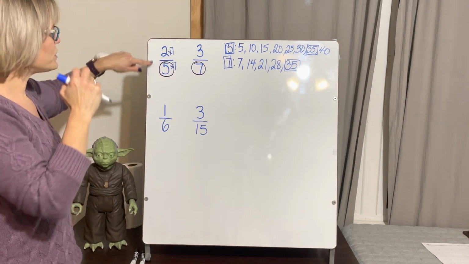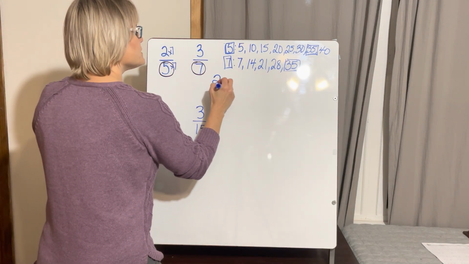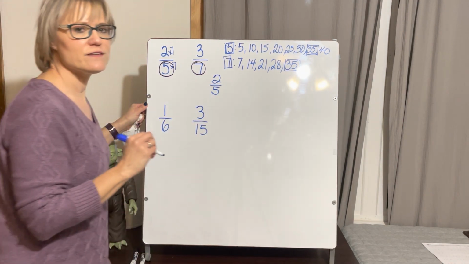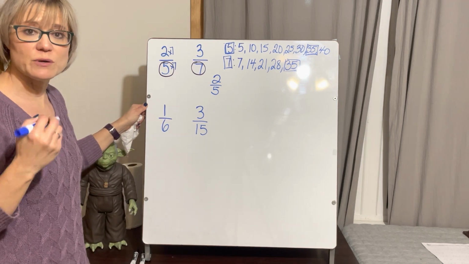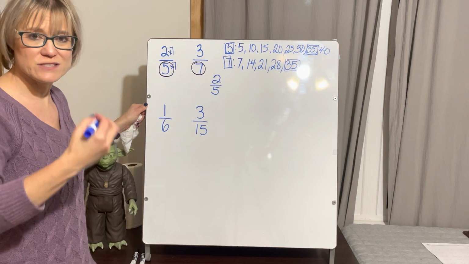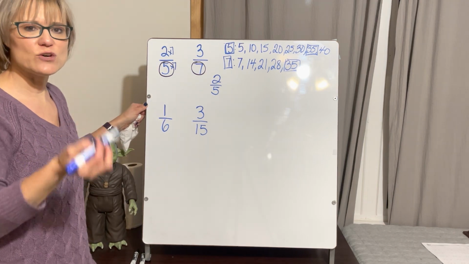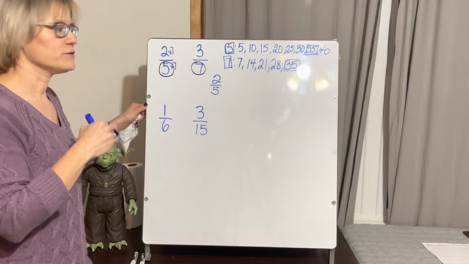So I'm going to rewrite 2/5 as an equivalent fraction. Remember, for equivalent fractions, we multiply numerator and denominator times something in order to get another fraction that is equal to the original fraction.